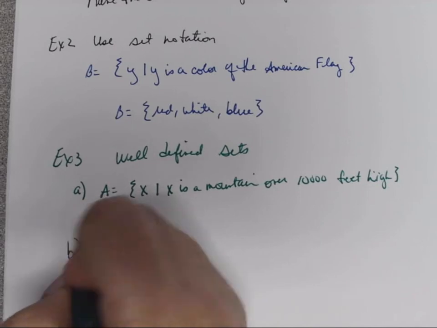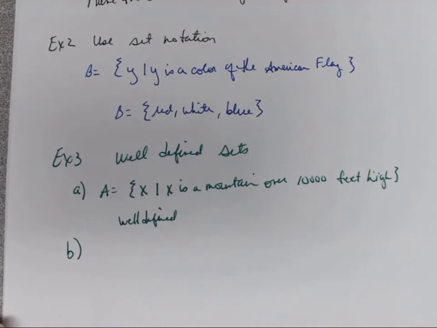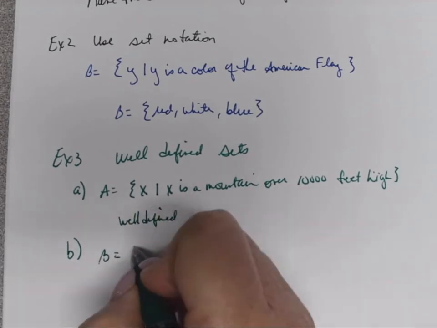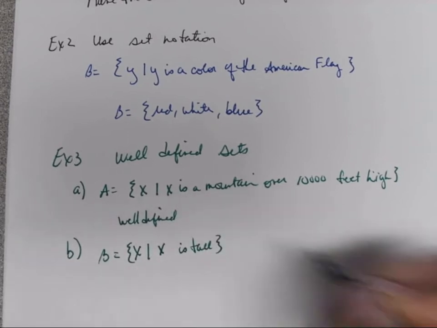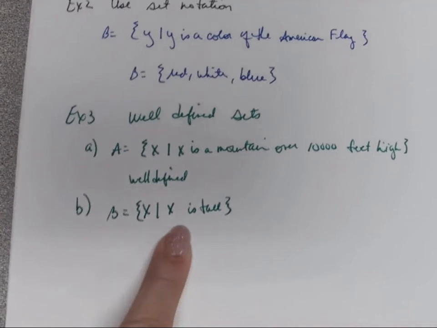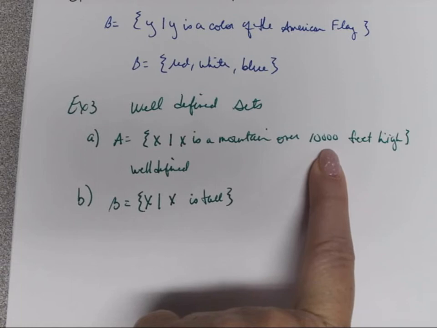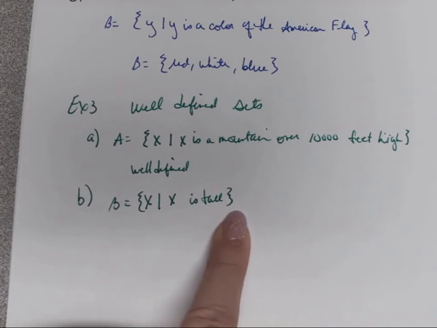If we look at part B, we're going to put well defined, and we've kind of stated the why. Now, part B: {x | x is tall}. Is that one well defined? What is tall is my question for you. I can tell you what 10,000 feet is. I can measure that and say, this is 10,000 feet. But if I say it's tall, what is tall? It depends on your perspective. This one is open for interpretation.